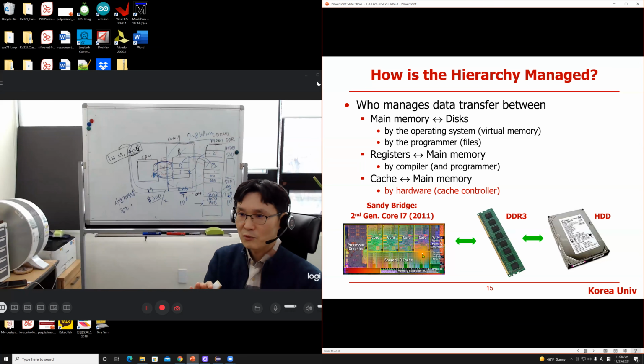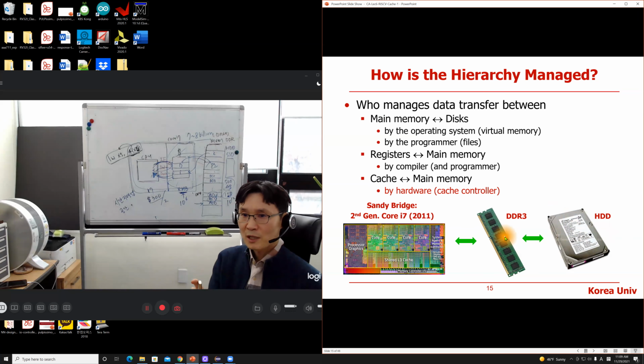And you have to write a program on top of that. There is no operating system. Then for the data transfer between main memory and hard disk, you have to manage the data transfer by software. Explicitly say, okay, I want to place data in some sector in hard disk to some specific place. You have to write that program.